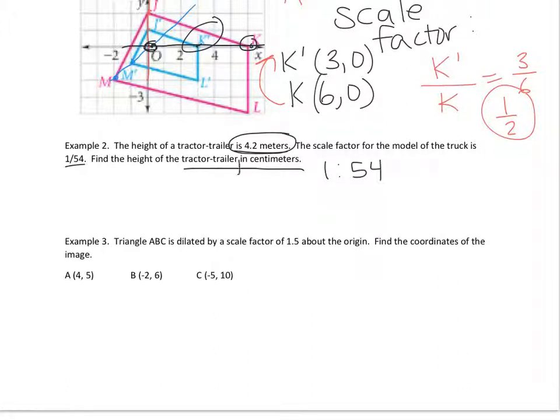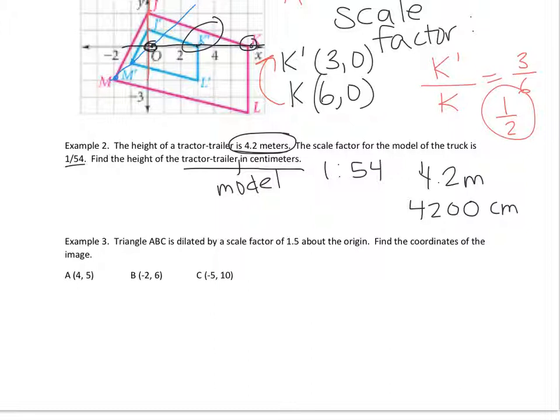This one should read model right here. So if we have a 1 to 54 scale and our real figure is 4.2 meters, 4.2 meters is 4,200 centimeters.